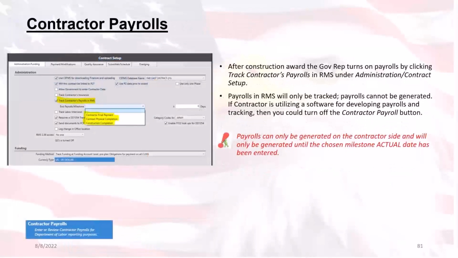Moving on from that, as previously reviewed in the contract setup, is the Contractor Payrolls. Once the contract has been awarded, the government rep can turn on payrolls by clicking the Track Contractor Payrolls checkbox, and then choose whether to set the payrolls up by milestone from the selection of items in this drop-down box, and then how to end them, whether you use plus or minus in this box here to determine the actual timeline given off of these specific milestones.